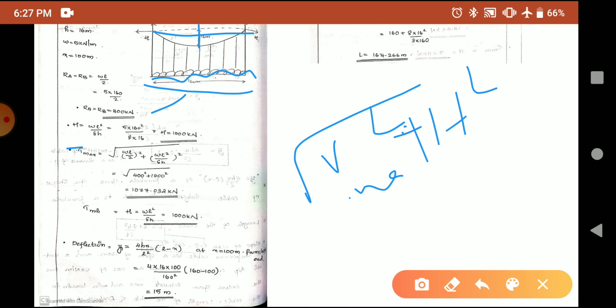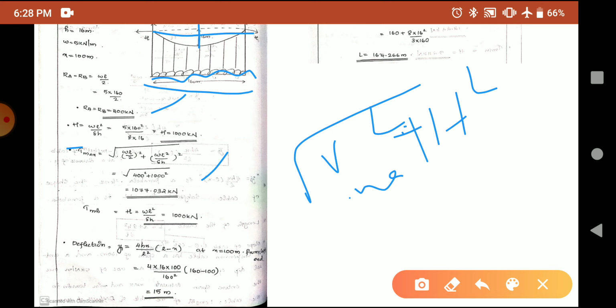Substituting those values, find the value of maximum tension exerted on the cable. Now, what is the minimum tension? We have already discussed that it occurs at the center where V is equal to 0. So root of H square is equal to H. So T minimum is equal to H, which is equal to WL square by 8H, and we get it as 1000 kilonewton.